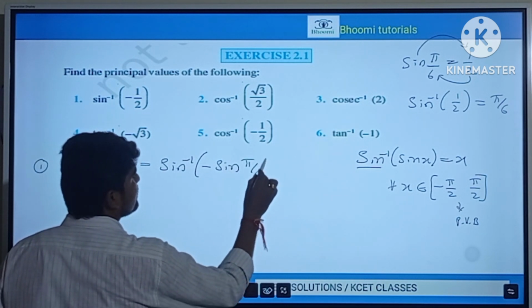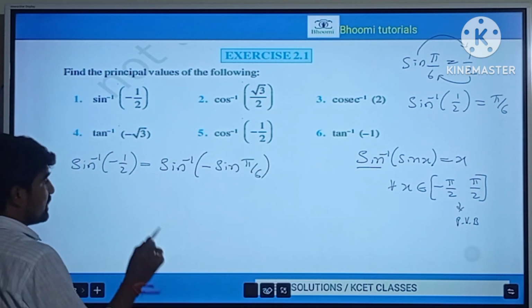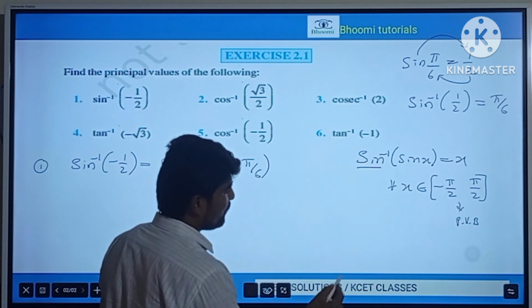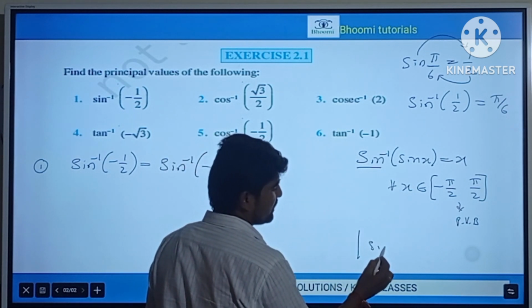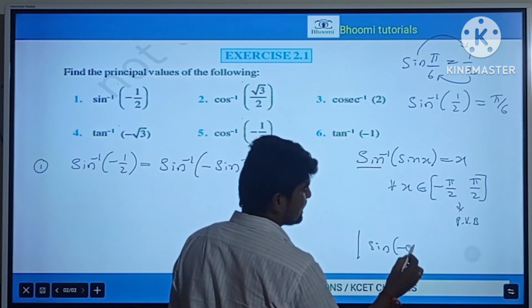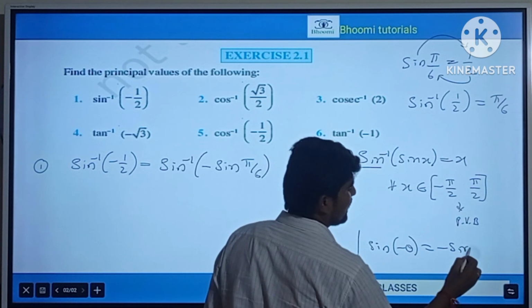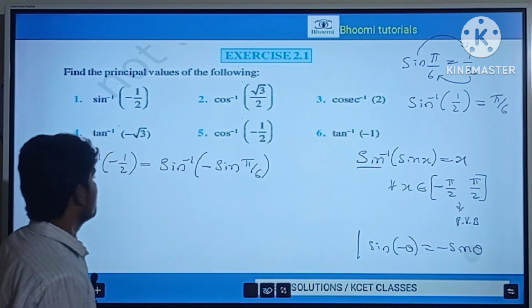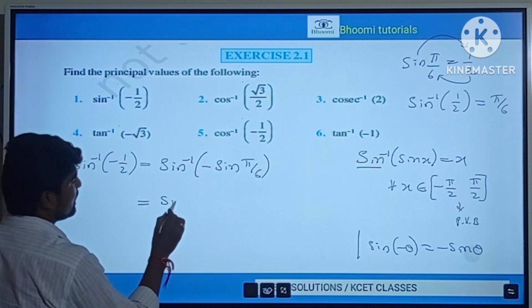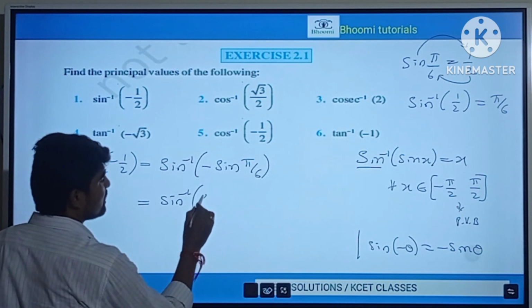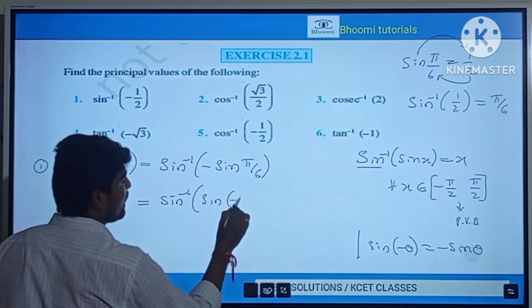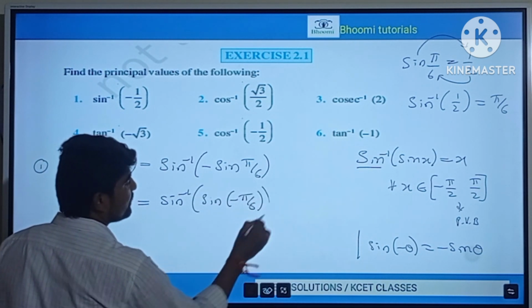Also we know one more formula: sin of minus theta is equal to minus sin theta. So sin inverse of minus 1 by 2 can be written as sin inverse of sin of minus pi by 6.